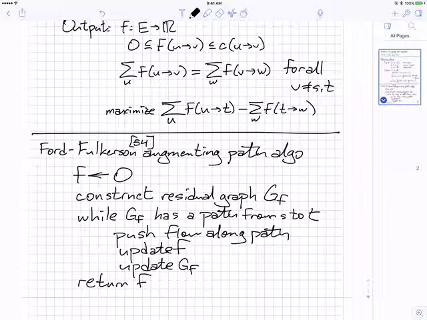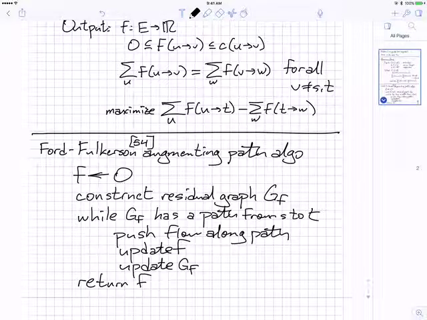Okay, so the residual graph, G sub F, what this encodes is for every edge in my original input graph G, how much more flow can I push along that edge? And at the same time, for the reversal of any edge in the original graph G, it tells me how much more flow I can push along that reversed edge, which is equivalent to saying how much less flow can I push along the original edge.